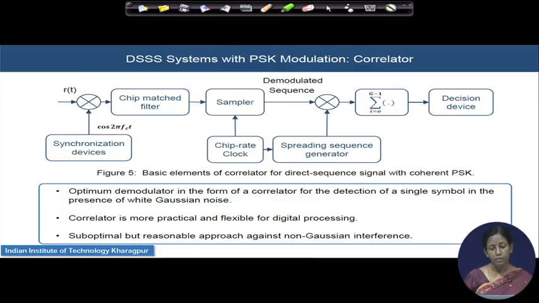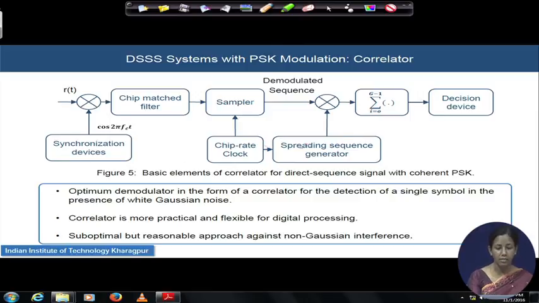The easiest way to implement this modulation technique is to go ahead with the correlator architecture, which is basically the matched filter plus the correlator architecture that we will discuss in detail in a later module. This is the easiest way to implement in practice the matched filter and correlator based demodulator circuit for the spread spectrum communication system.